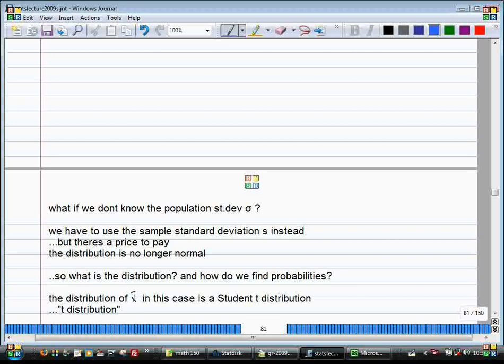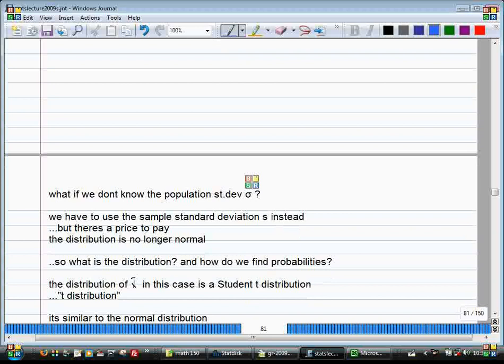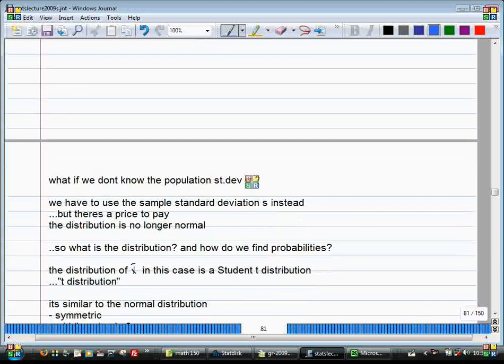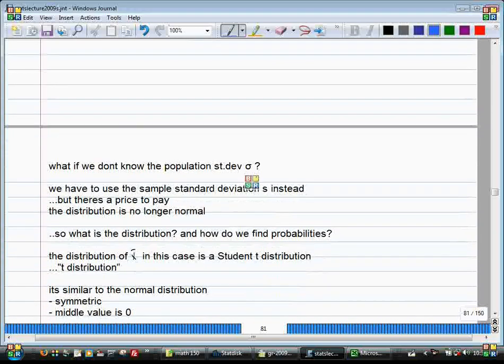Here's the good news. It's similar to the normal distribution. It's symmetric, the middle value is 0, and quite honestly, when you draw the picture of it, it looks almost the same as the normal distribution. Here's the bad news.